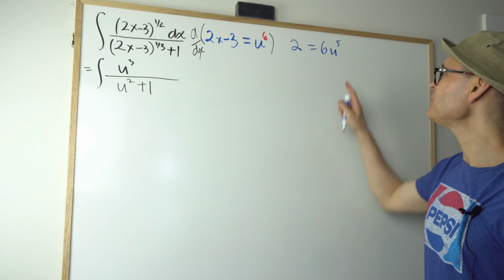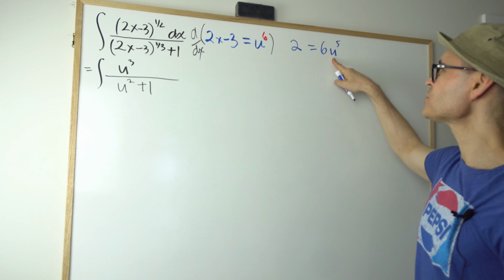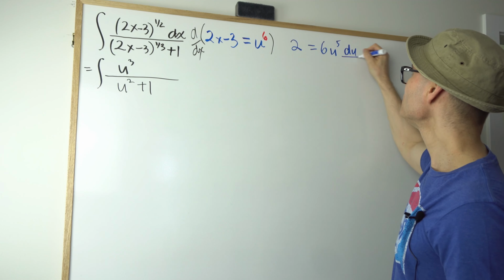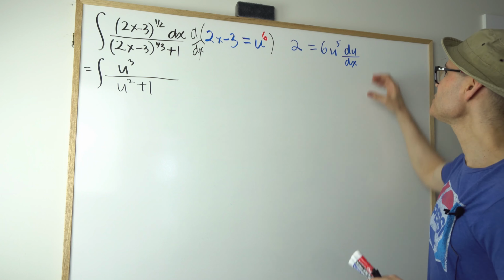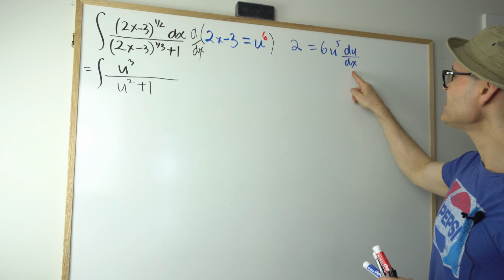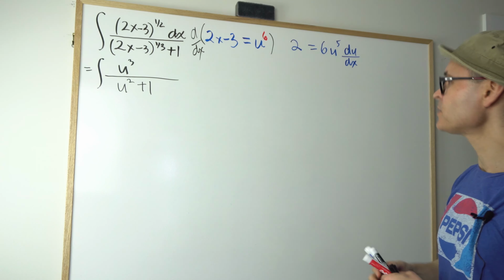And don't forget, now you've got to do some implicit differentiation. So I have to differentiate u with respect to x. So that's going to be du by dx. And that's not bad, because what that allows me to do is take the derivative and break up the differentials. So I could take the dx over here and bring the 2 over. That's going to collapse the 6 to a 3.